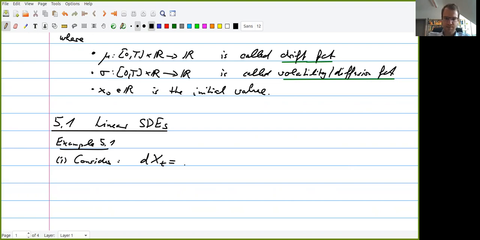If you do finance, you will see this equation rather often. So you have a mu, which is just a constant, so we keep it simple, and the sigma is also just a constant. So mu and sigma are linear functions in X_t, driven by Brownian motion, and you start your dynamical system from some positive initial value.